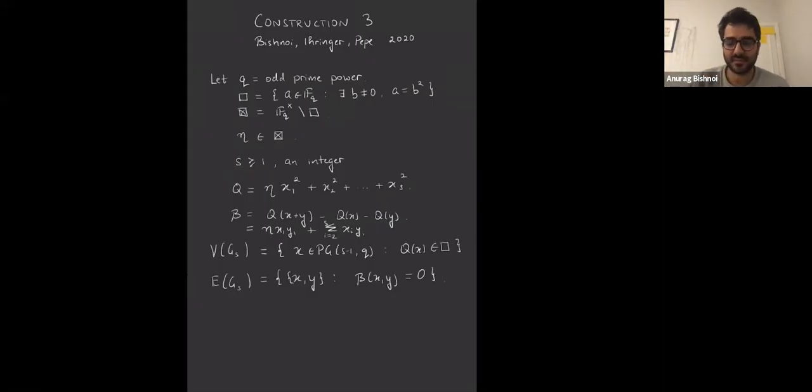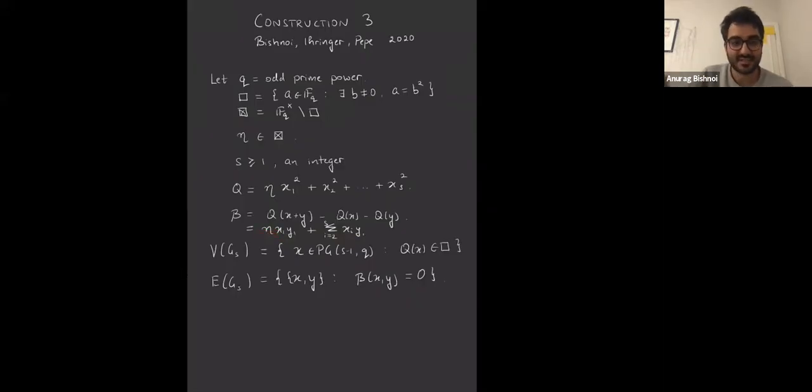So that's the symmetric bilinear form. You could just start with one of those two things, and that's fine. Okay, so it's basically the same symmetric bilinear form as before, but we twist it a bit. We add this eta in front of x1 y1.